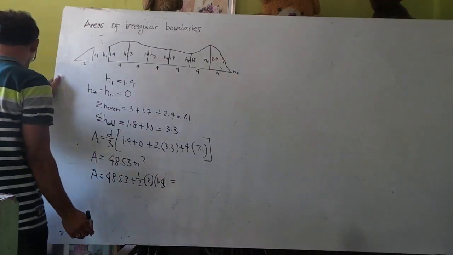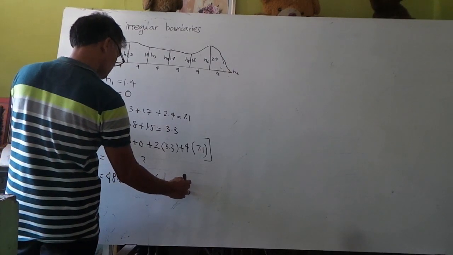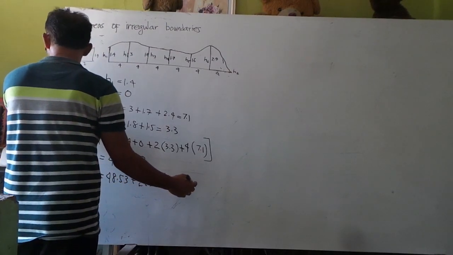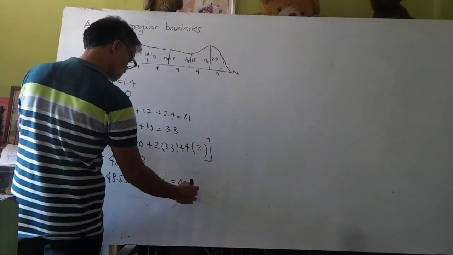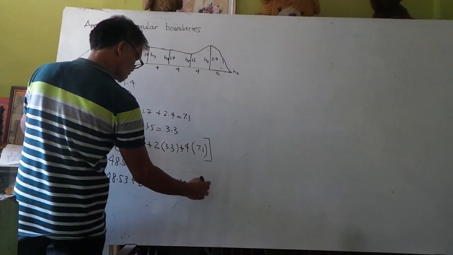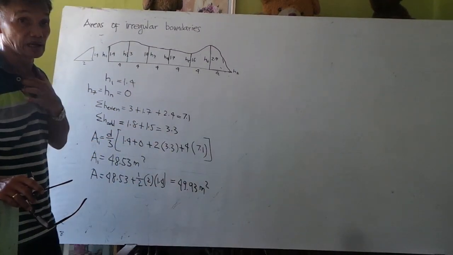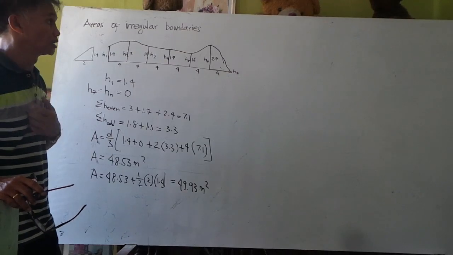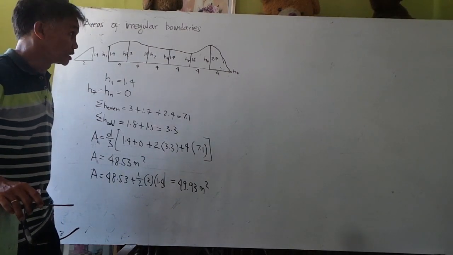Then you will have an answer of 49.93 meter squared. So this is how to use the Simpson 1/3 rule in solving the area with irregular boundaries.